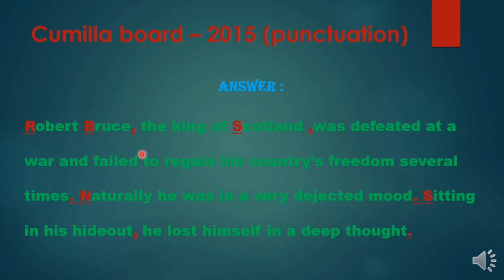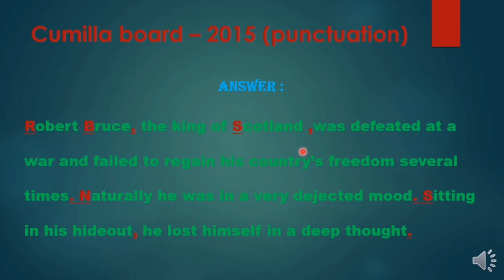Students, Robert Bruce. See, Robert's R is in capital letter and Bruce, this word's B is in capital letter, and we know proper nouns should be in capital letter. And after Robert Bruce, the King of Scotland. See, this is an appositive. So before the appositive we are supposed to use a comma, and also after the appositive we are supposed to put a comma. Usually we write an appositive within the punctuation marks comma.